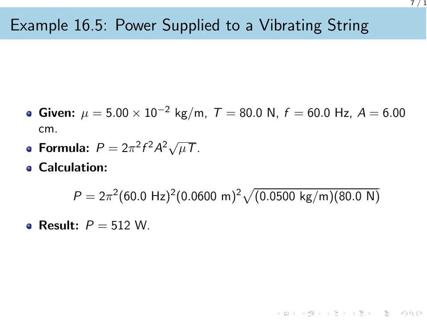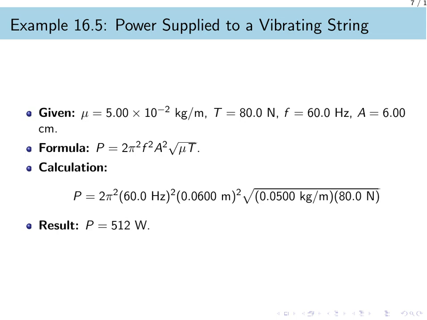Let us apply this to a practical problem. Imagine a taut string with a linear mass density of 5 × 10⁻² kilograms per meter under a tension of 80 newtons. We want to find the power needed to generate waves at a frequency of 60 Hz and an amplitude of 6 centimeters.